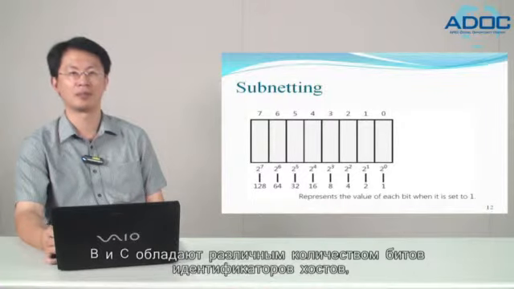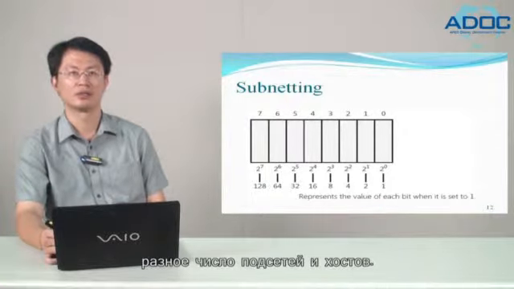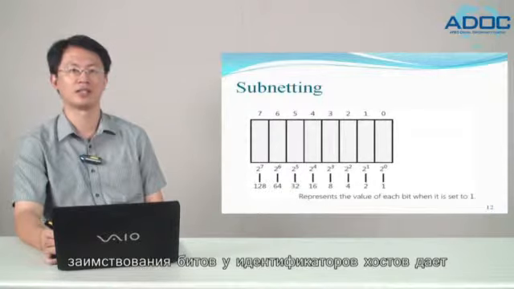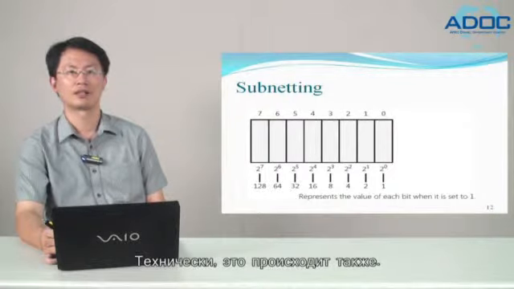Because Class A, B, and C networks have a different number of host ID bits to start with, borrowing bits from the host ID yields different numbers of subnets and hosts. The technique is the same.